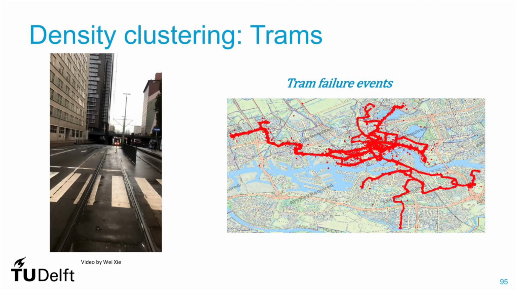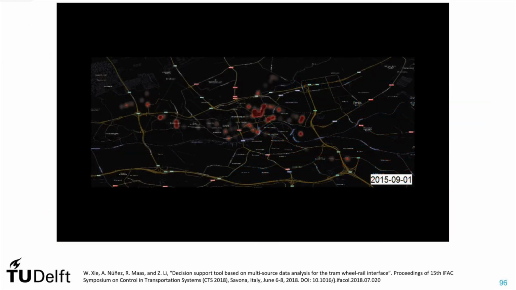So here I would like to show you the application of density clustering for the analysis of tram failure events. Over there you see the city of Rotterdam. In the map you see the tram infrastructure of Rotterdam. With red colors you will see locations where you find more wheel sliding events.